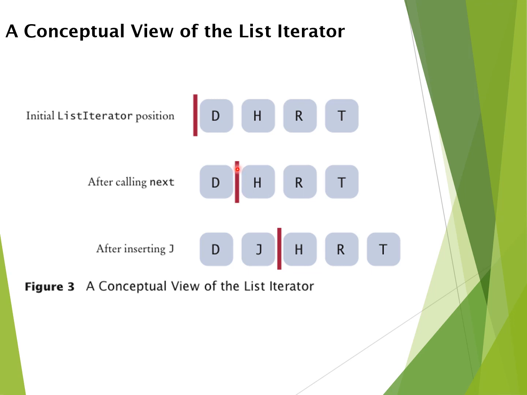So when you type a J, J is inserted here, and now the cursor is again behind J and before H. It was behind D and before H. That's the conceptual view of the list iterator and how the insert and next methods of a list iterator work.